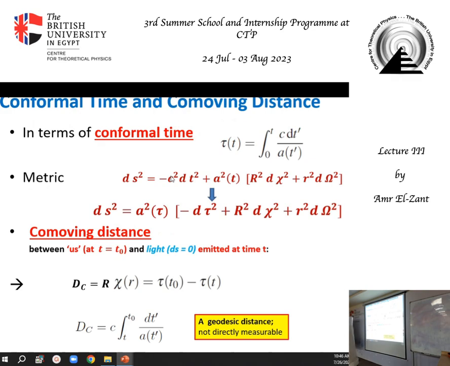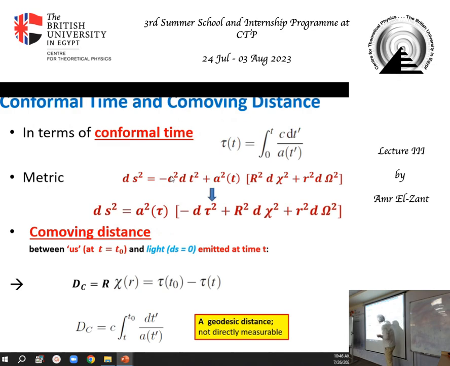First of all, you need some definition. There's something called the conformal time, which is important in FRW cosmology. It's really a distance, but they call it time probably because it enters instead of dt here.